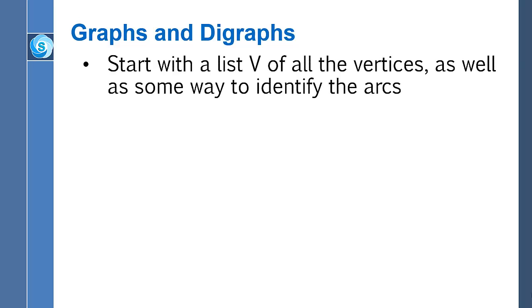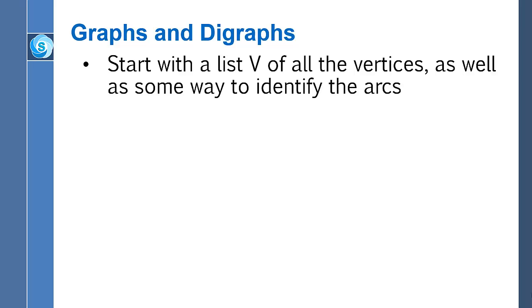Okay, so Kahn's algorithm begins with a list of all the vertices. So V is going to be a list of all the vertices, and I stress that this is a list so that it's not just a set. We're interested in having the vertices occur in the list in some order, okay?